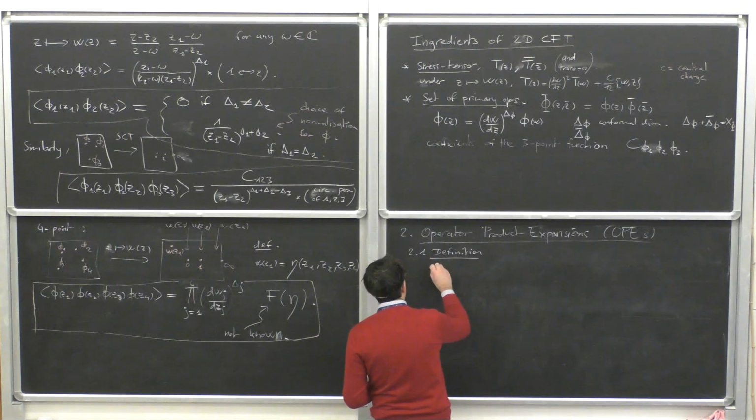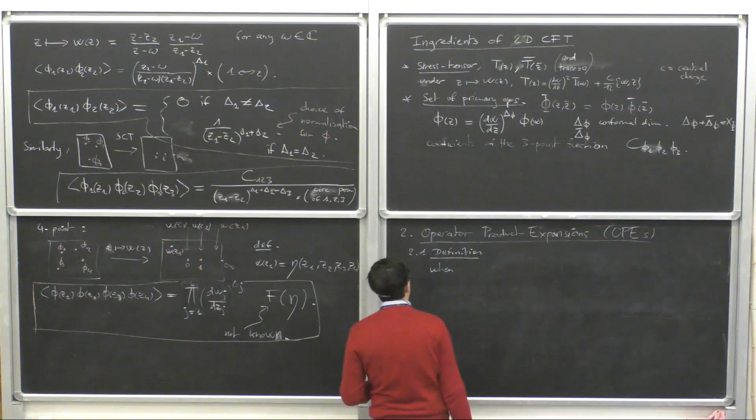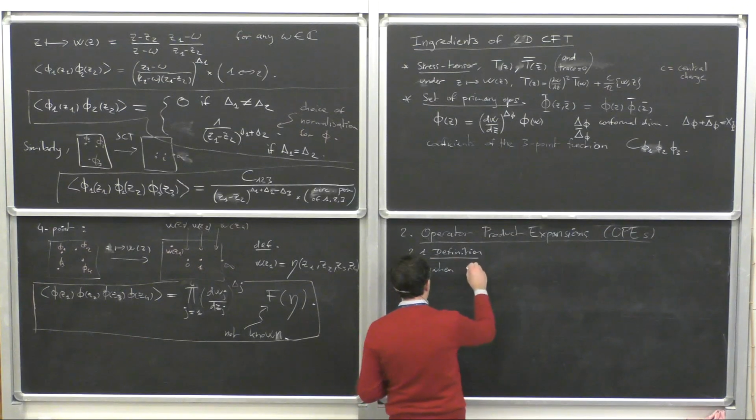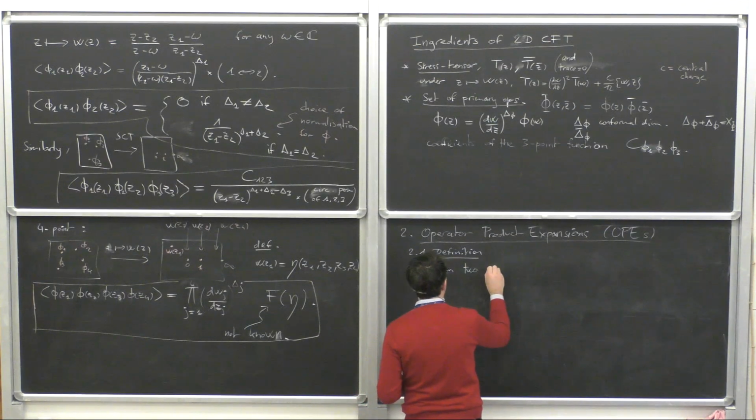So, this is about looking at the behavior of operators or correlation functions when two operators are close to each other.